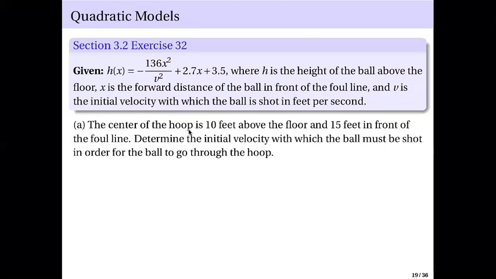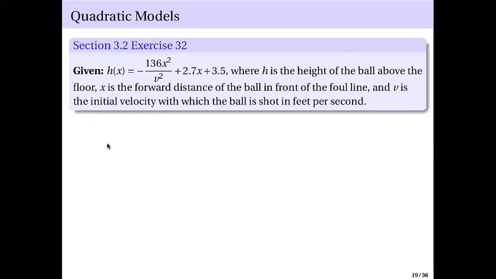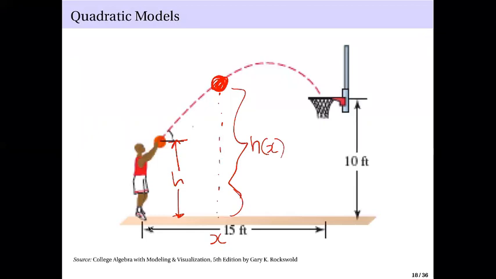The center of the hoop is 10 feet above the floor and 15 feet in front of the foul line. So 15 feet from here up to here, and 10 feet from here up to here. So 10 feet above the floor, 15 feet from foul line to that center.